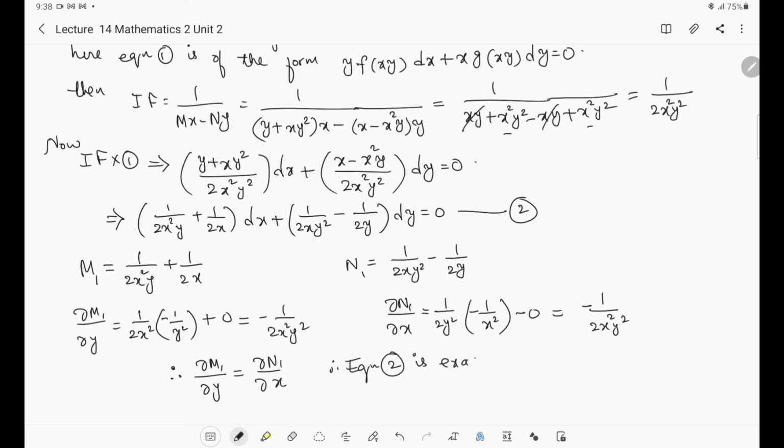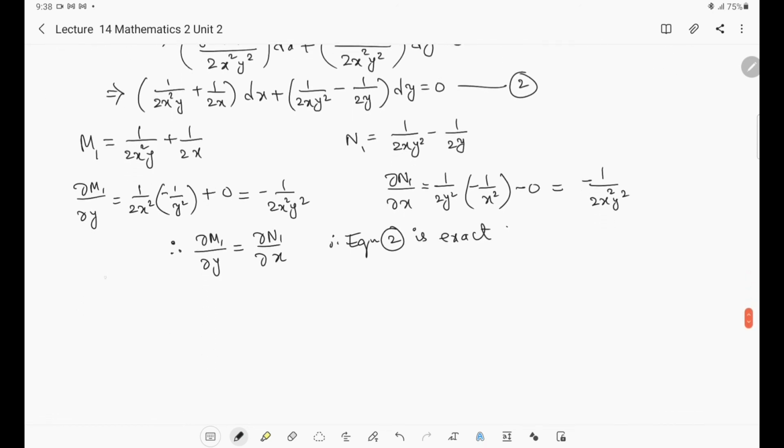Once equation 2 became exact, then we can write the general solution. What is the general solution of 2?